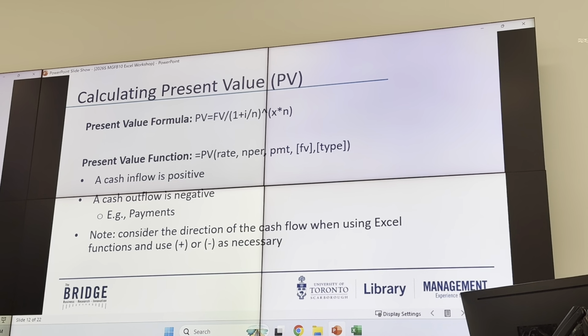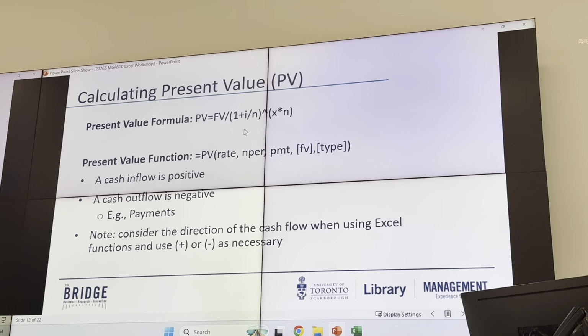Suppose in future you're receiving the value of a company as 100,000. You need to discount it to the present value based on the interest rate, which is known as the discount rate, the number of times it will be discounted, right? And for how many years you're considering the future value. So this is the function. So remember this present value formula.